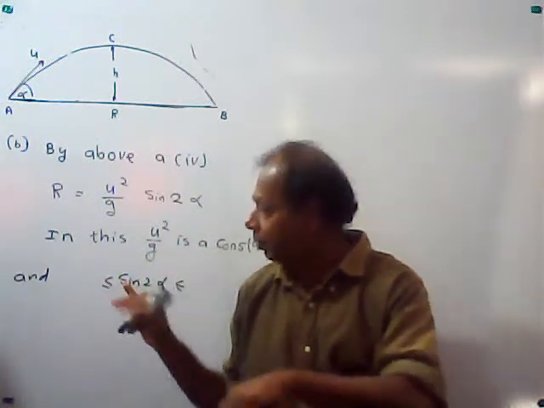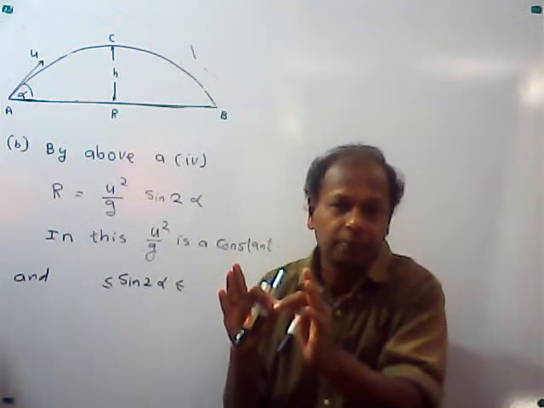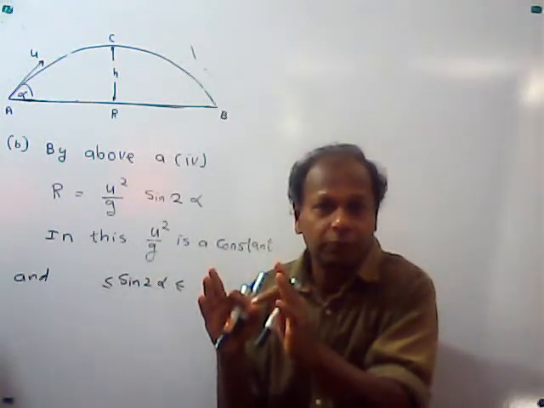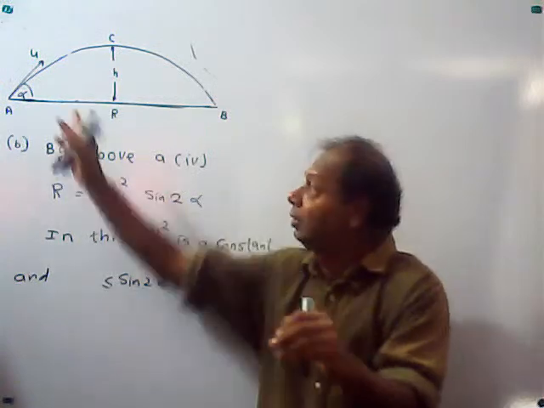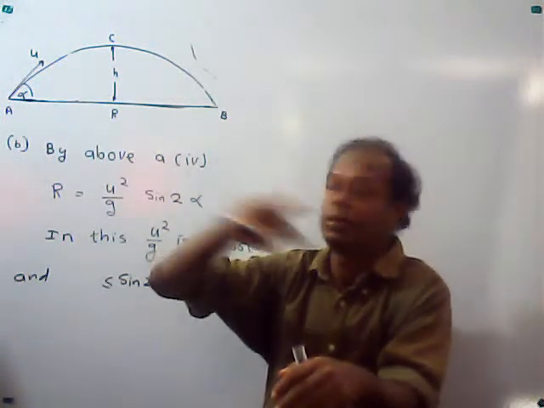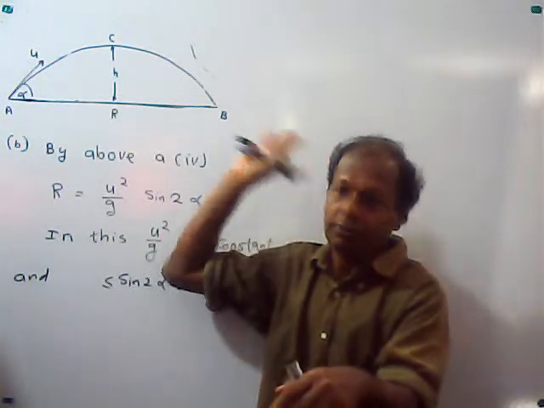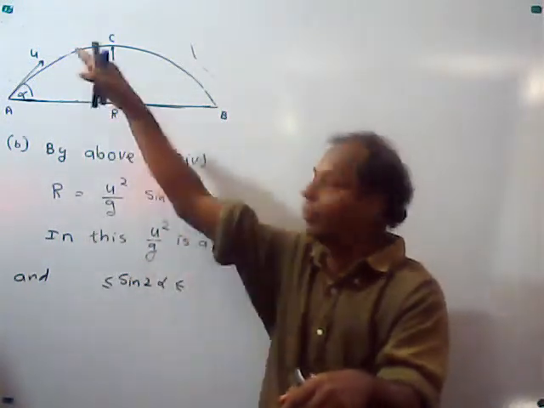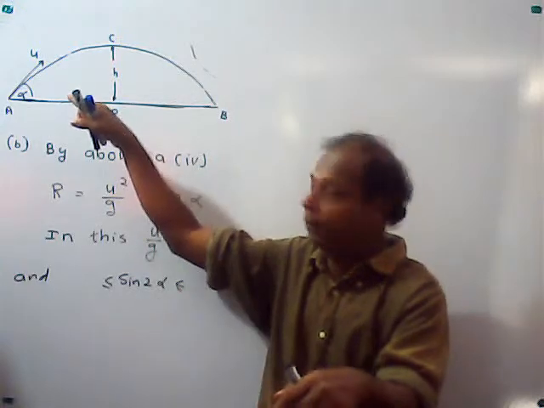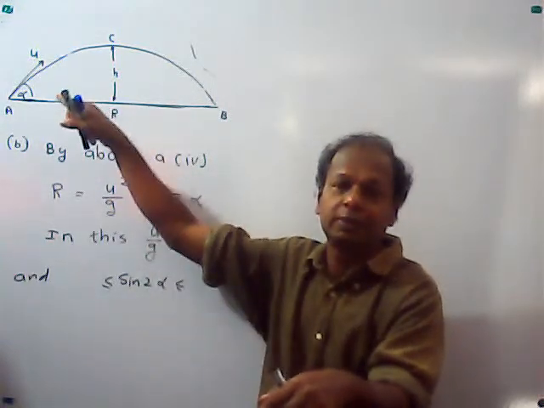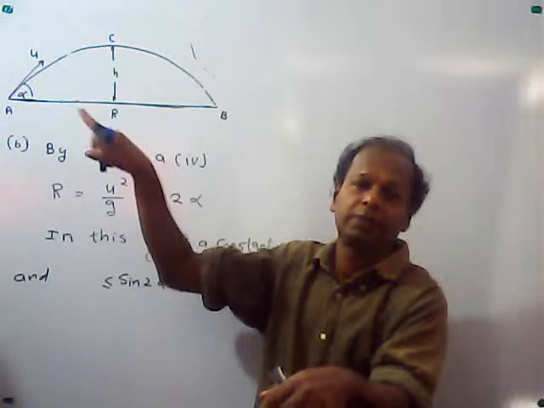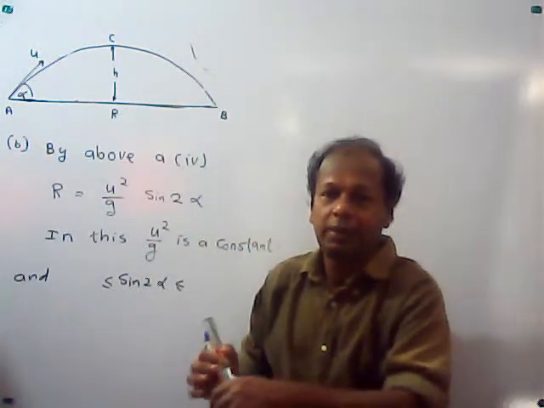Alpha should be such that, if you want to project it at this point A to fall somewhere here, there is no point of giving a velocity in this direction.